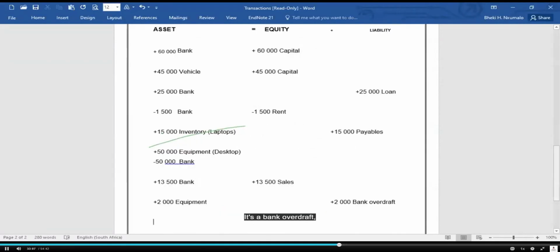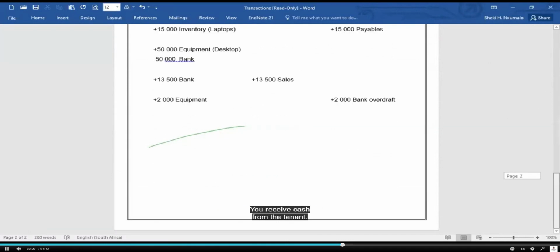All right, let me move to number 9, up to 10, then I'll take questions. Receive rent from the tenant. When you receive cash from your tenant, the amount in this case is 250. The bank account will increase by the amount that you receive from your tenant.